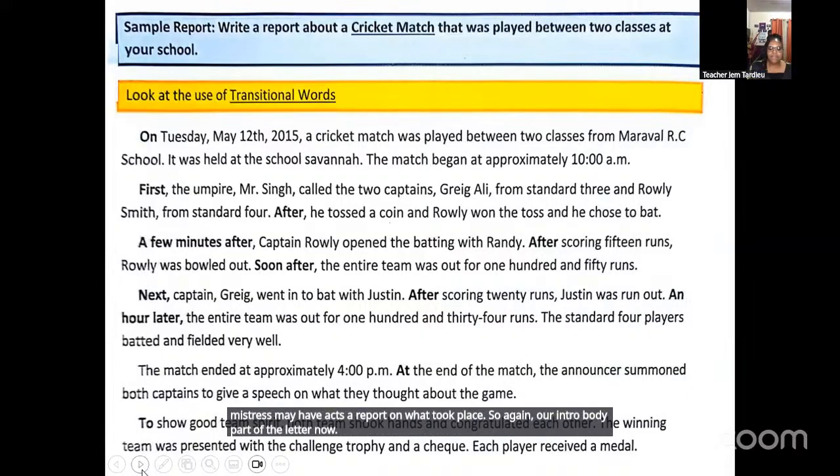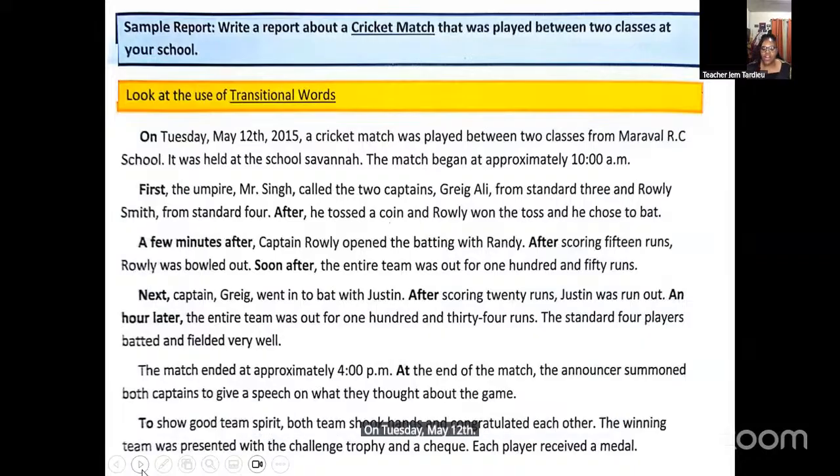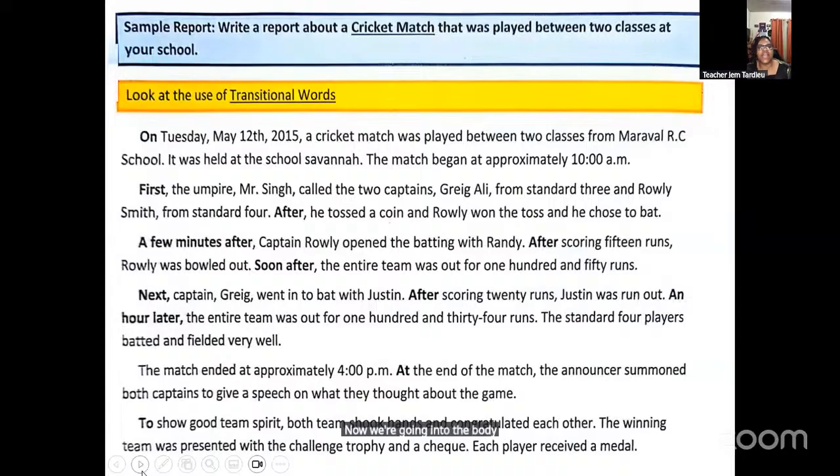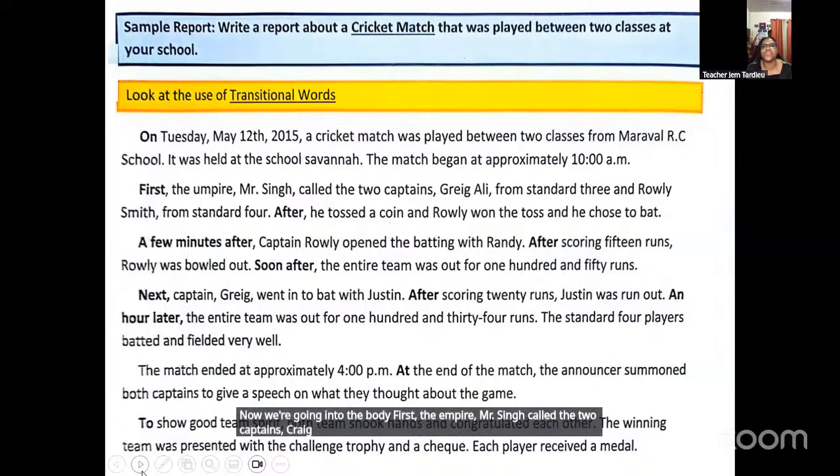On Tuesday, May 12th, 2015, a cricket match was played between 2 classes from Marval RC School. It was held at the school Savannah. The match began at approximately 10 a.m. Now we're going into the body. First, the umpire, Mr. Singh, called the two captains, Craig Ali from Standard 3 and Rowley Smith from Standard 4.